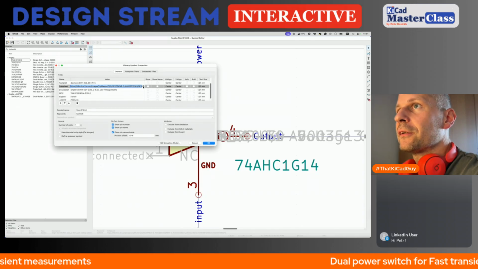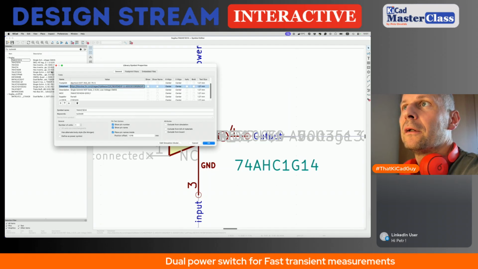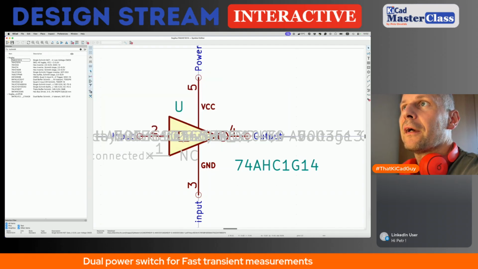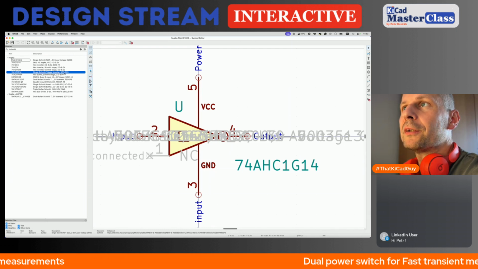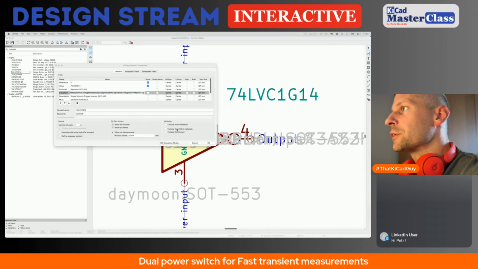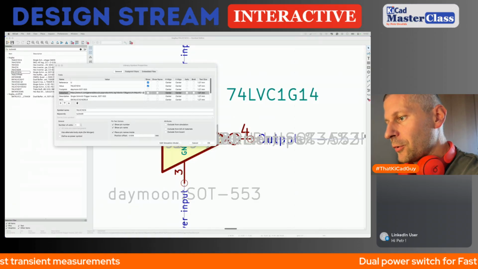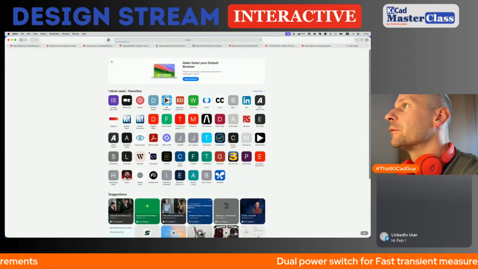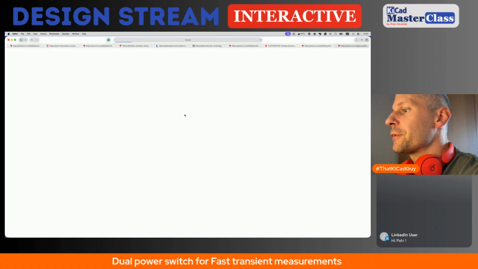but the AHC logic. I can see that I have 14 in LVC as well, but this is too small a package. I think it's too small, and I'm not interested in creating a new symbol just for this. So let's check the size of the SOT553.